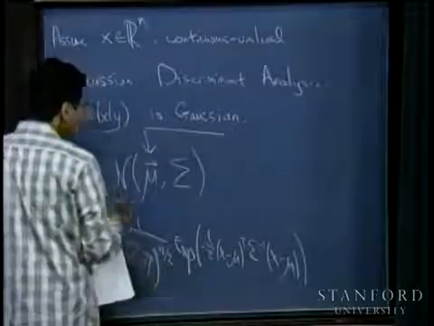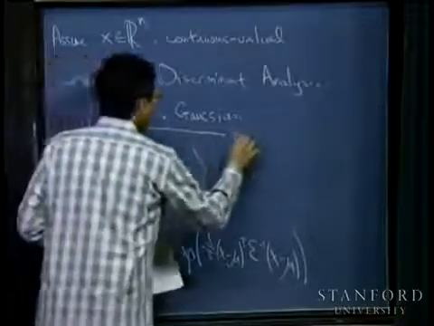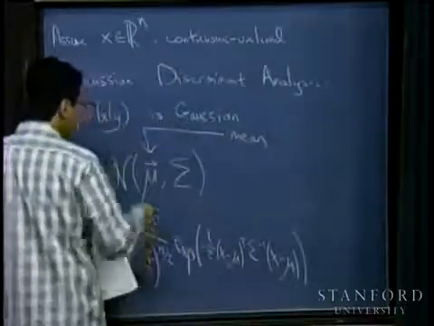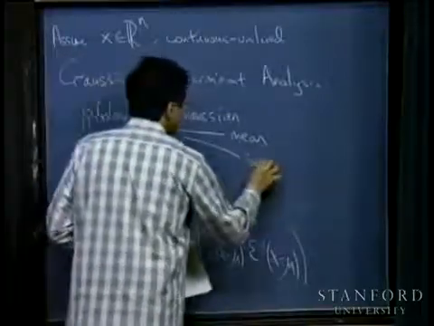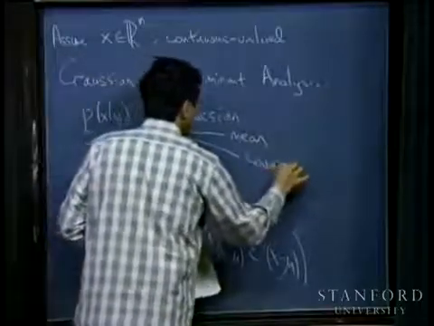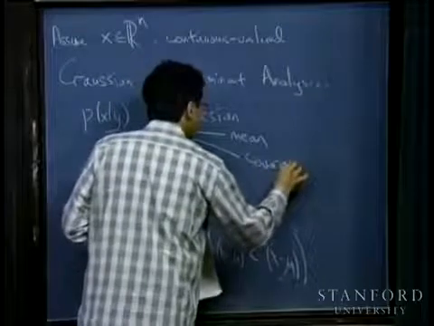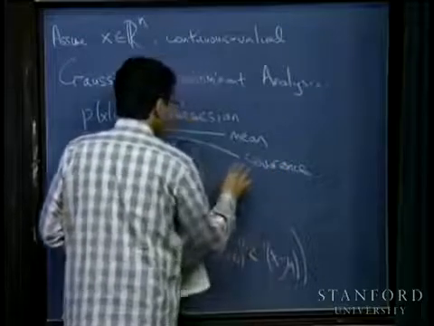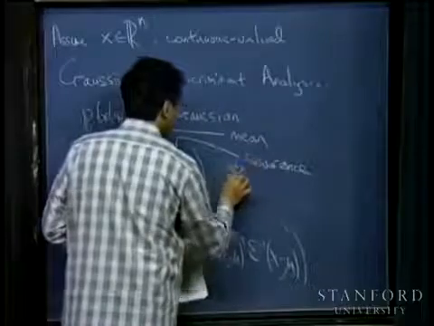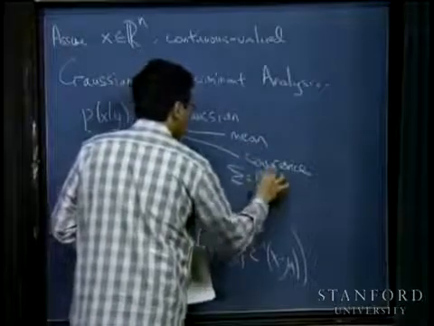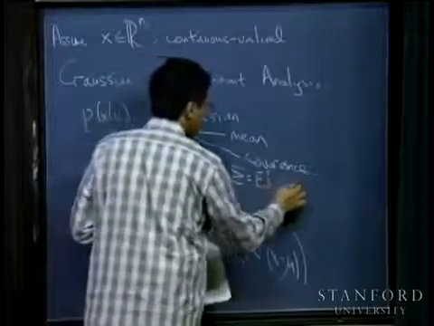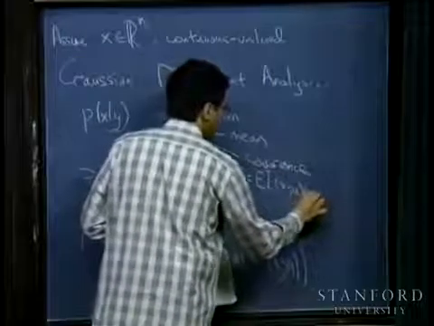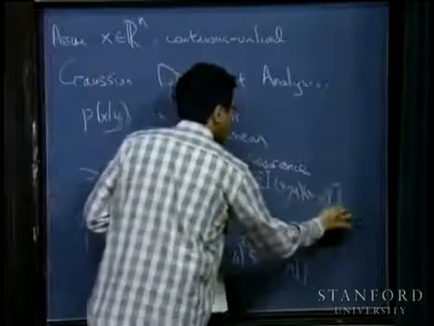But the two key quantities are this vector mu, which is the mean of the Gaussian, and this matrix sigma, which is the covariance matrix. Sigma is equal to the covariance of a vector valued random variable, which is the expectation of (z minus mu)(z minus mu) transpose.